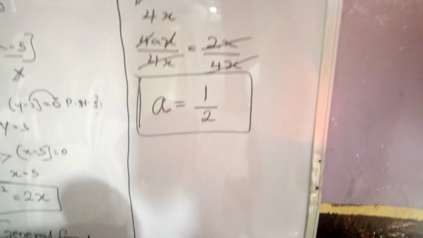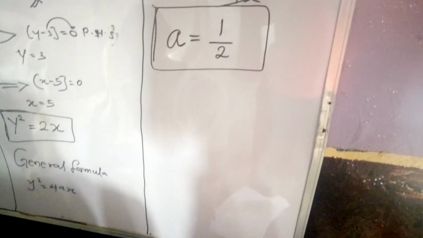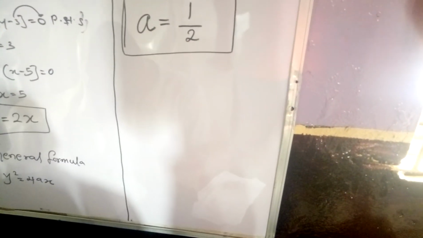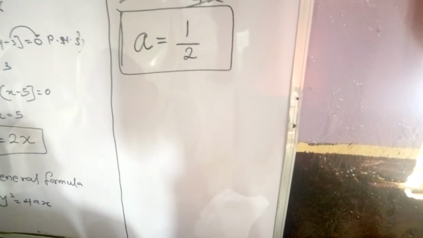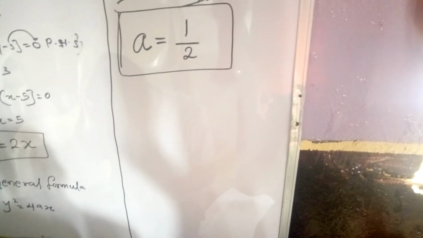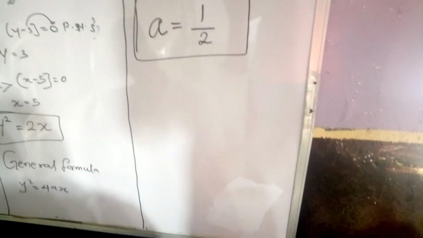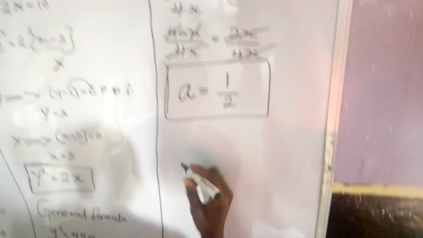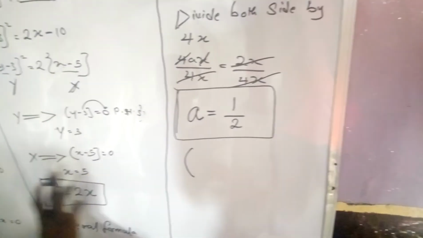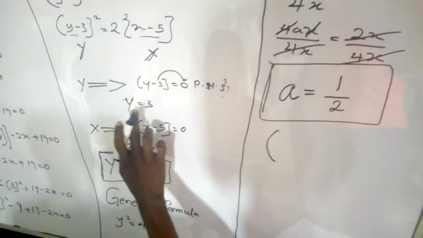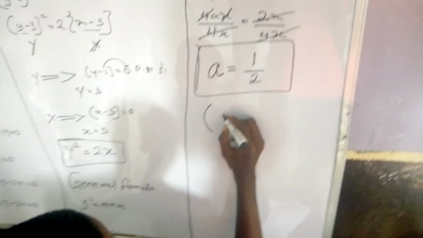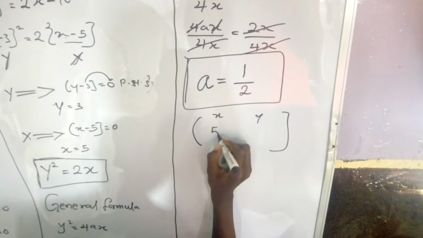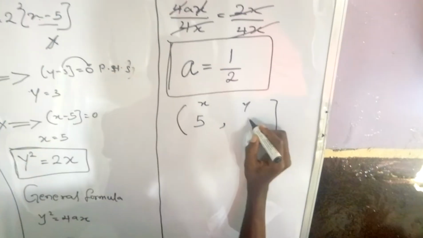Our a equals 1 over 2. We already have our x and we already have our y. Our x is 5, while our y is 3.